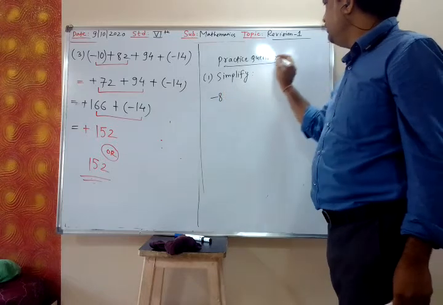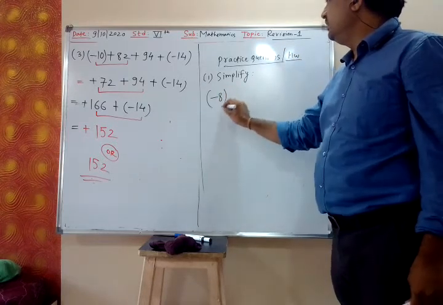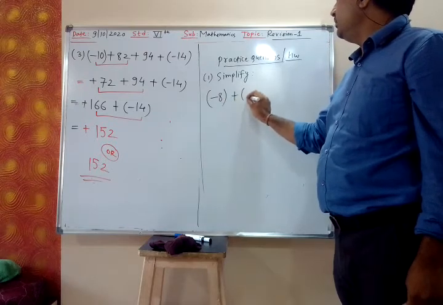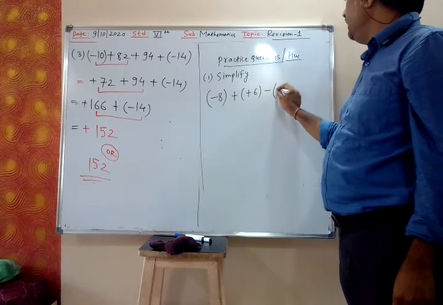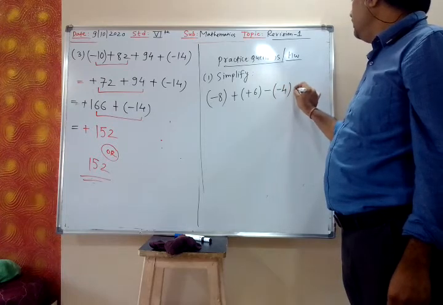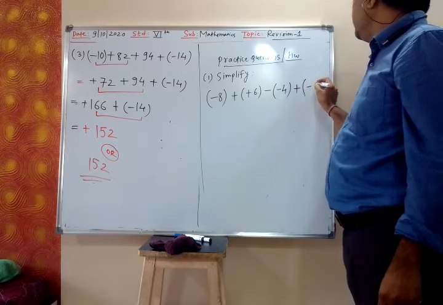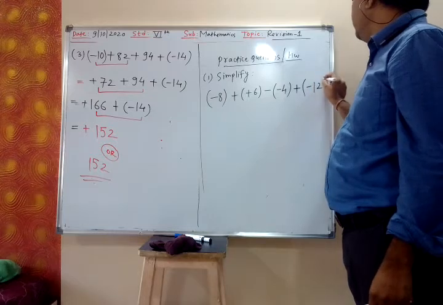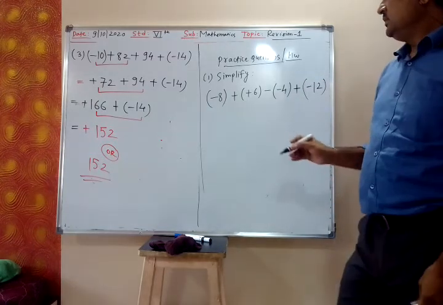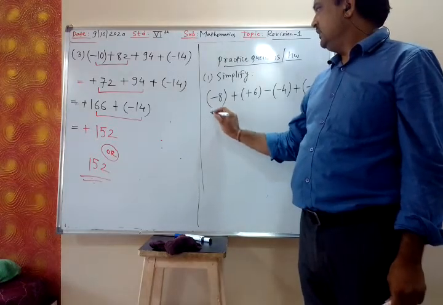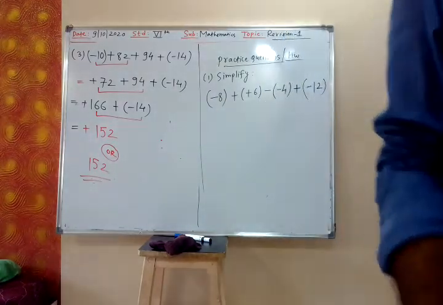Homework practice questions. Minus 8 plus 6 minus 4 plus minus 12. Simplify. Then the board is clear, right?